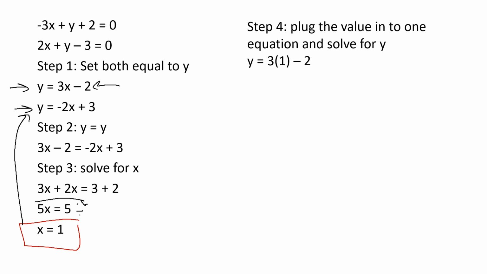I'm going to just plug in instead of x, so I have 3x minus 2. Well, x equals 1. So I'm going to just replace that value. So 3 times 1, because we found x to be 1, minus 2. 3 times 1 is 3. 3 minus 2 is 1.